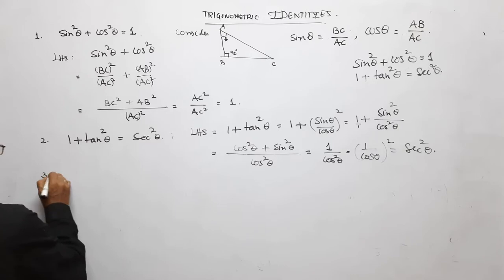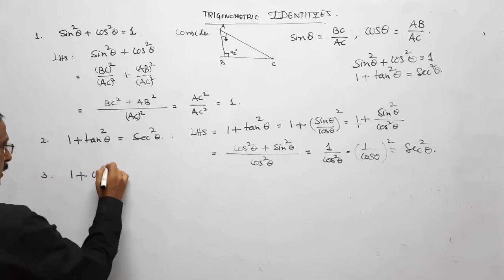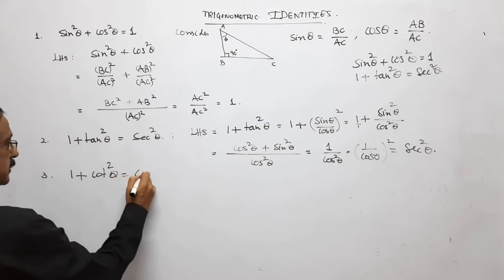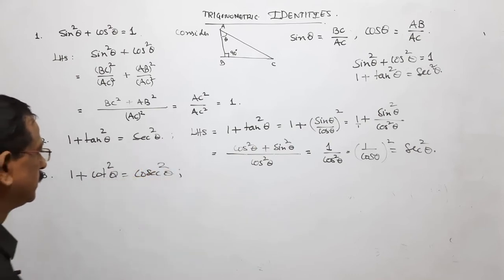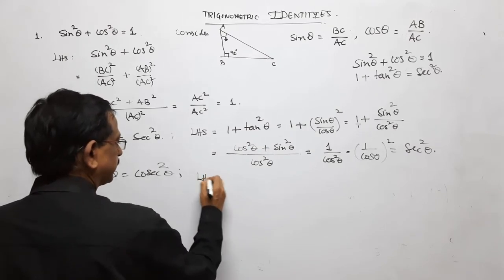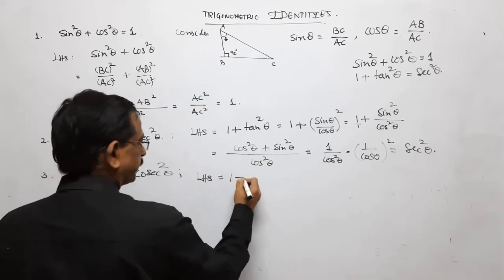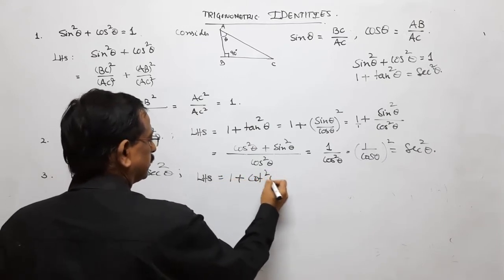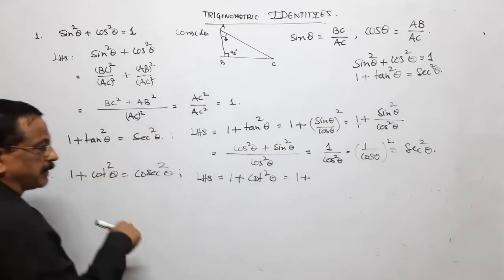And the third identity is similar to this: 1 plus cot square theta is cosecant square theta. Now take again LHS. So 1 plus cot square theta, which is equal to 1 plus, cot theta is 1 by tan theta.